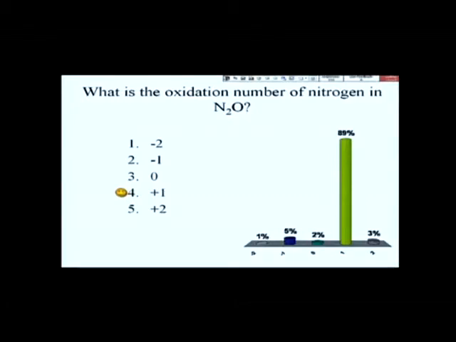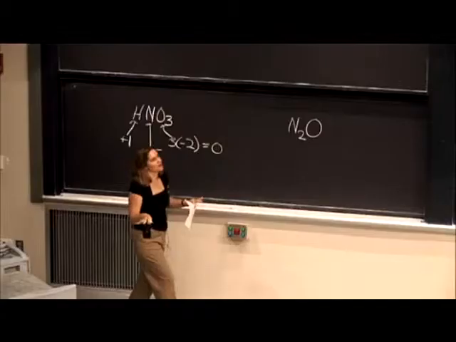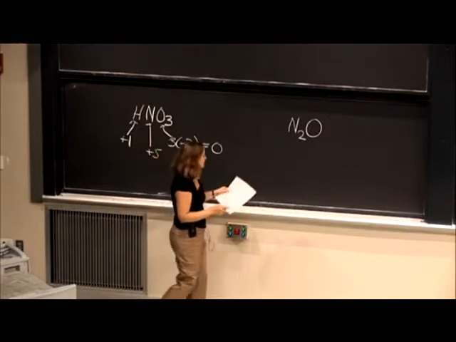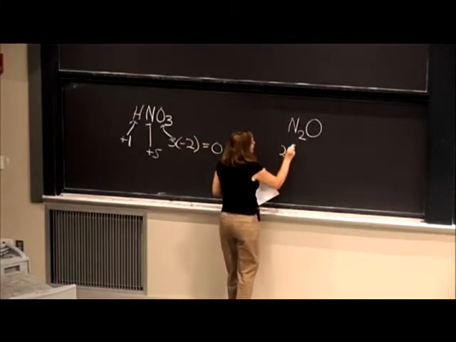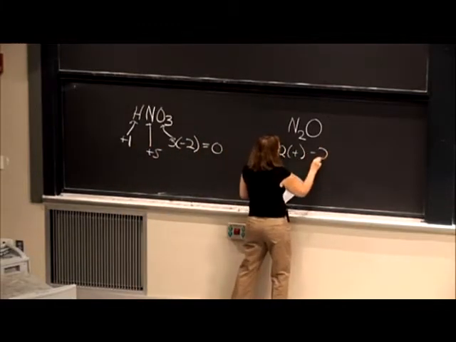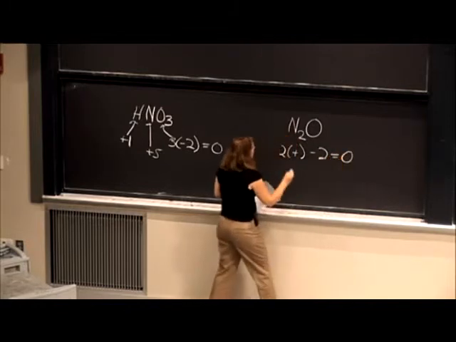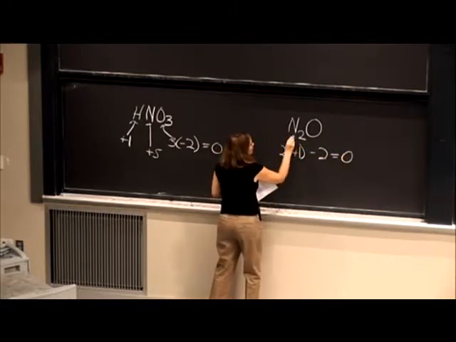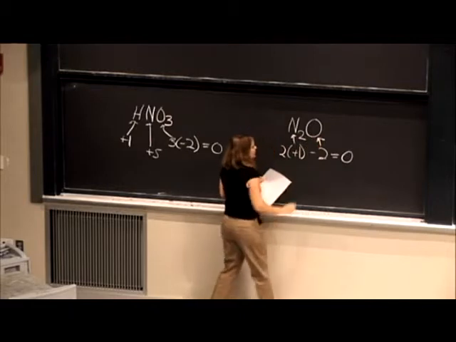Excellent. Not necessarily for the competition, since most people got it right, but I loved seeing people get it right. So 2 times +1 minus 2 is 0, so we know our states here.